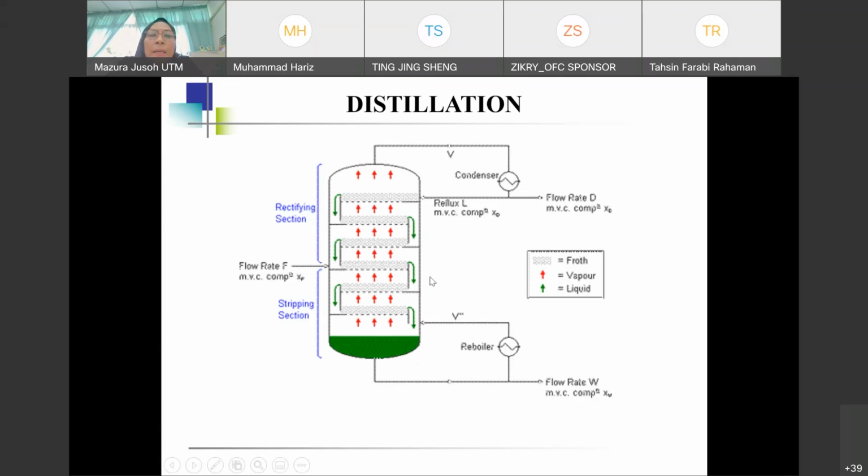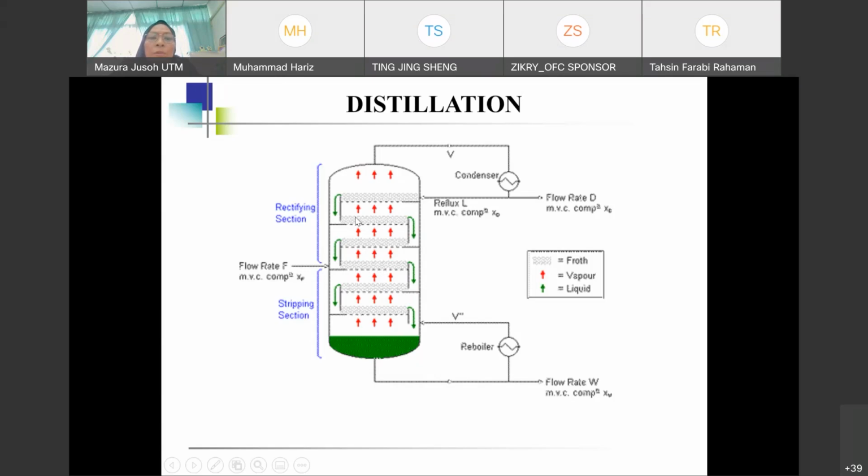Okay, and from the top here, when you start the operation of the distillation column, you don't have the reflux yet because you don't have the vapor. The first thing that you want to do is heat up the liquid at the bottom of the column, and then once it produces some vapor, it will go up, which is displayed here in the red arrows.